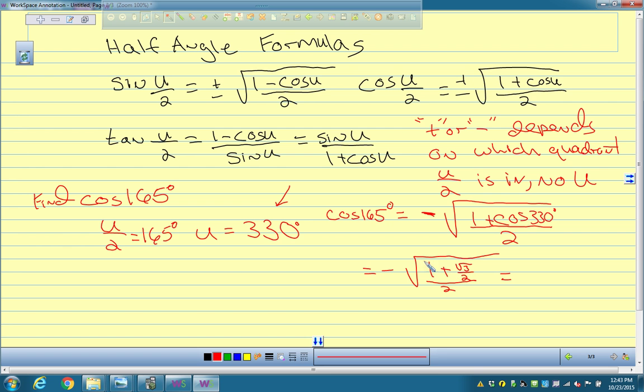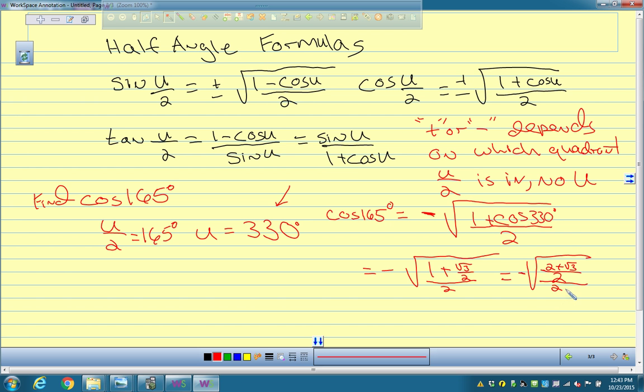You can multiply the top and the bottom by 2 over 2 and find a common denominator. You could rewrite this as negative square root of 2 plus root of 3, the whole thing over 2, and that whole thing is over the second 2. You understand what I just did?